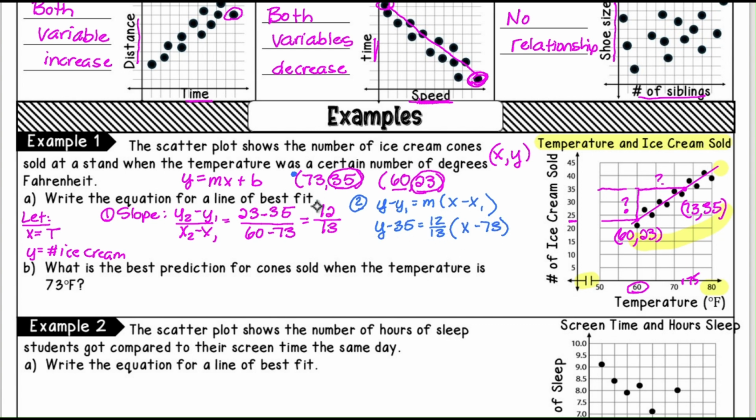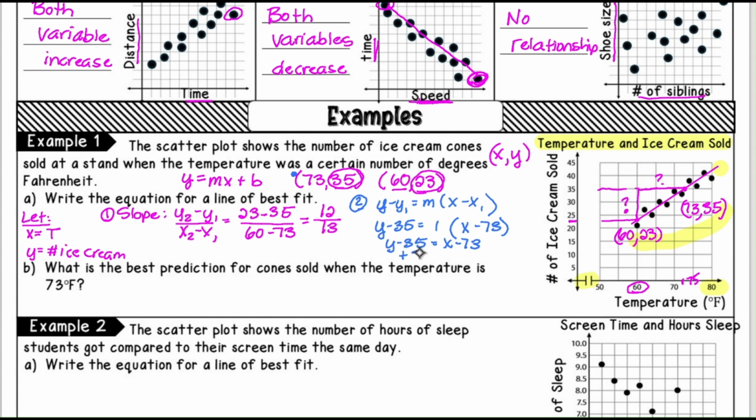You know what I'm going to do with this fraction, this 12/13? I'm going to go ahead and just make that 1. I think that's going to make our life a lot easier when we go in and try to multiply this. I'm just going to make that 1, because it's almost 1. Okay, so we get y minus 35 equals x minus 73.